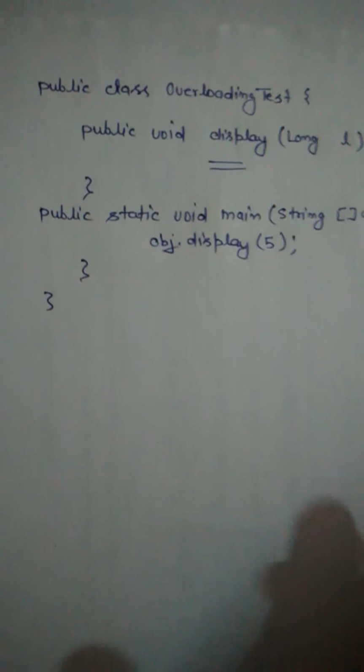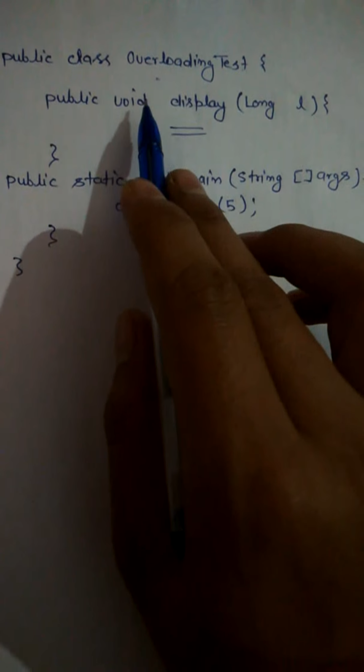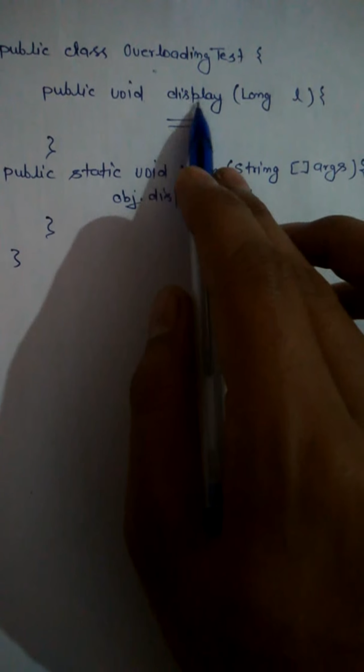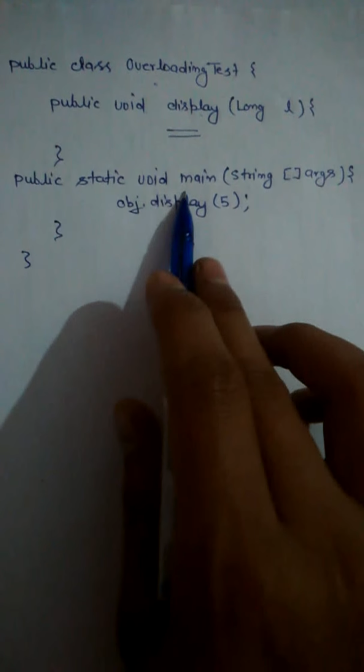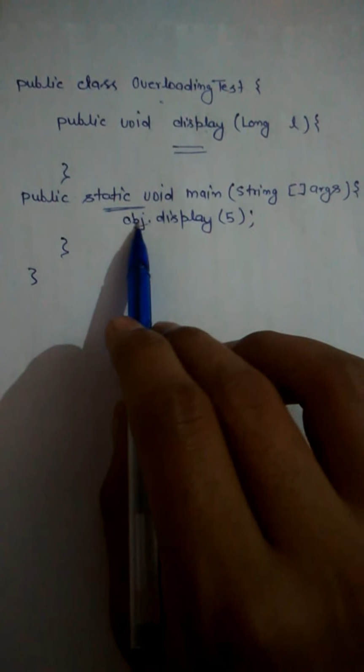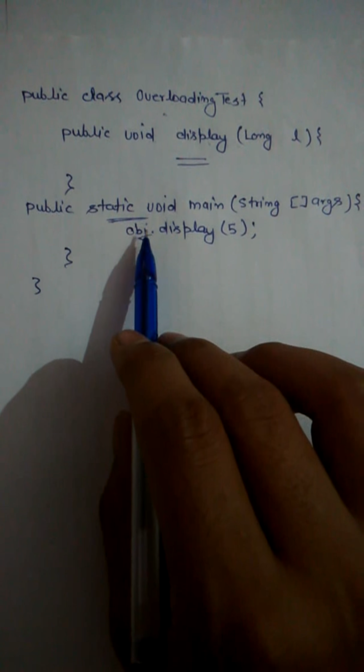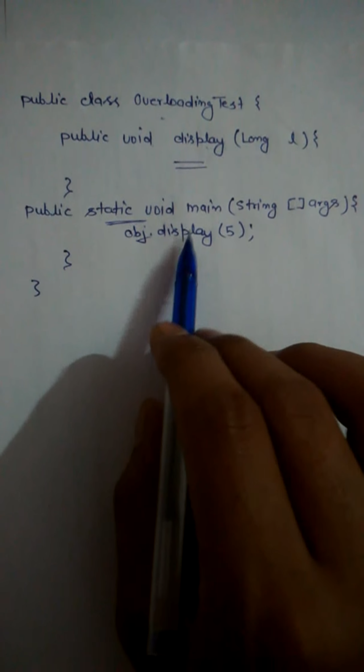We have a class OverloadingTest. Inside that we have a method display, which has some body, and in the main method we create an object. With the help of its object I am invoking this method.